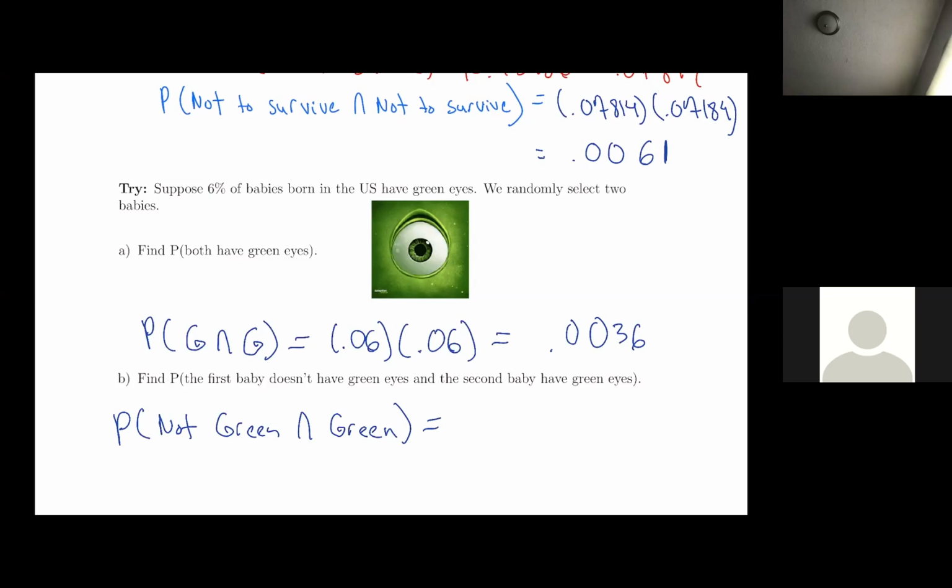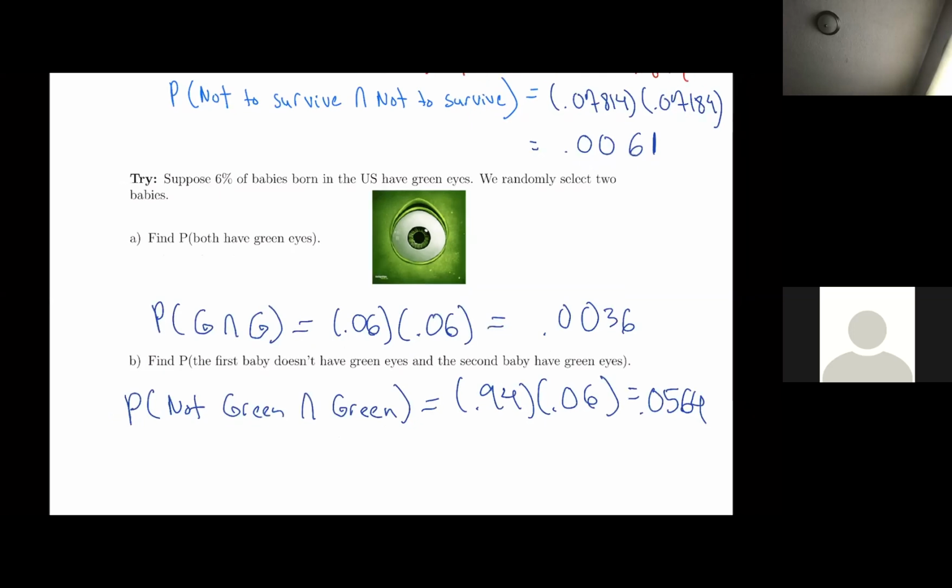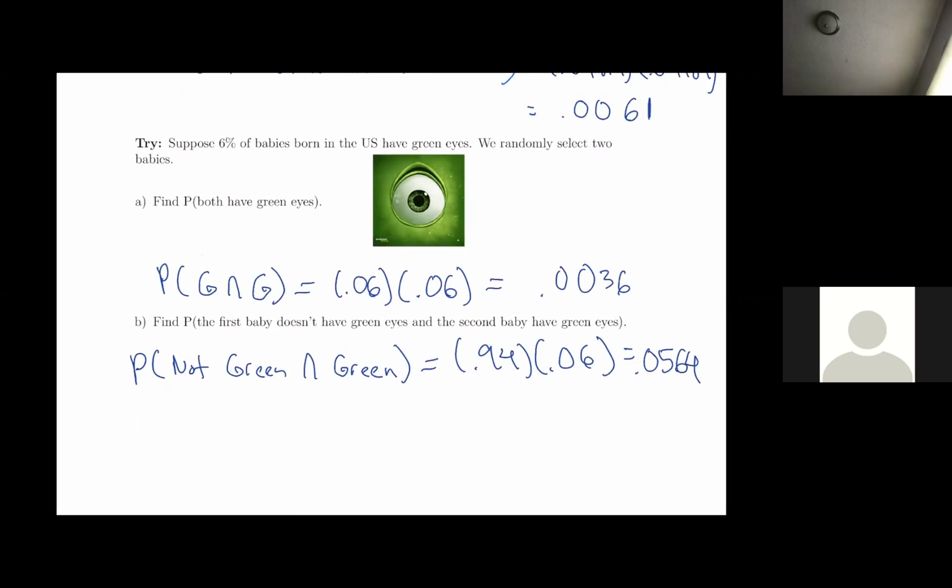Let me double check that. Yeah, good. Because it's 94% times 0.06, right? If you multiply that out, you get 0.0564. Very cool. And that's it for that problem.